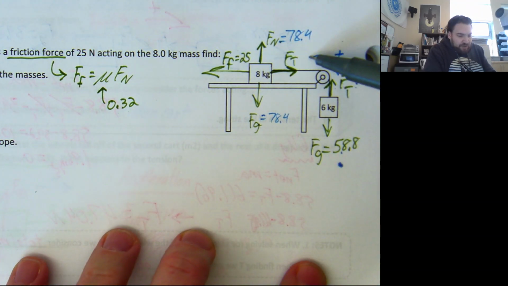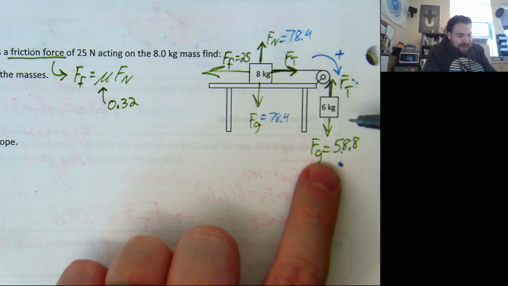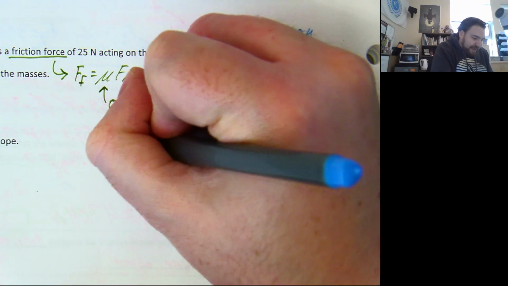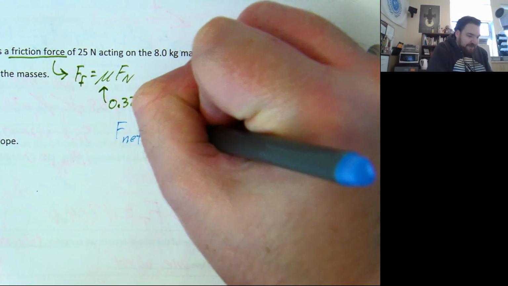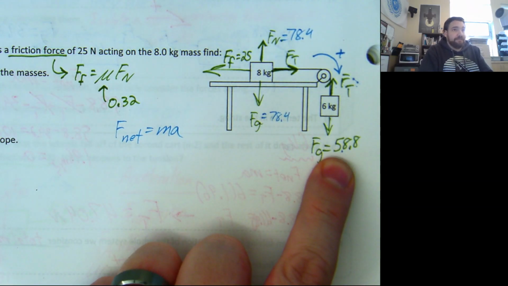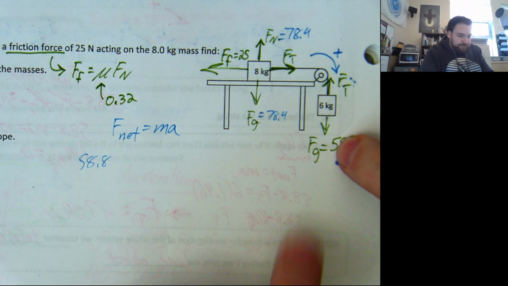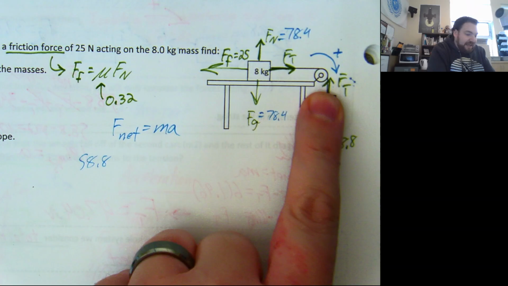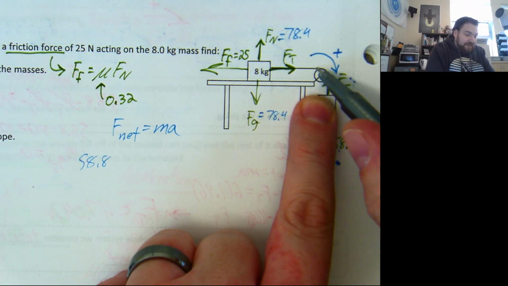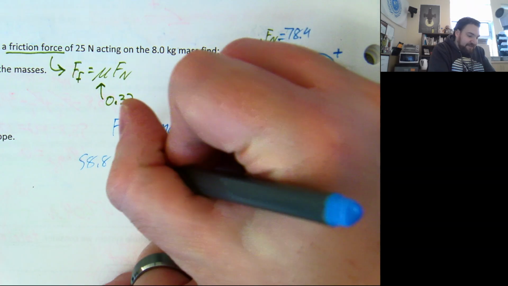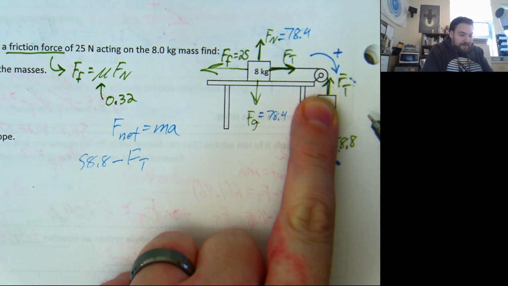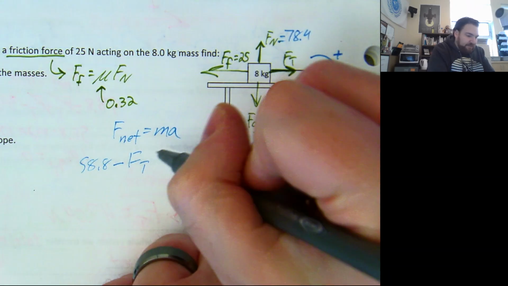Because I called over and down positive, when I'm analyzing my FNet equation, FNet equals MA, I'm going to start down here. I'm going to have my 58.8, working backwards. This FT is up over, so that's going to be minus FT. That is a positive FT.